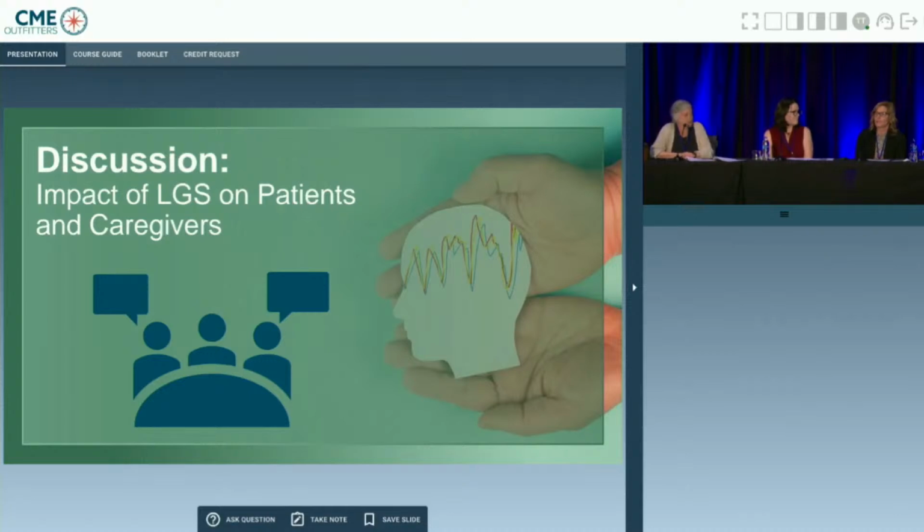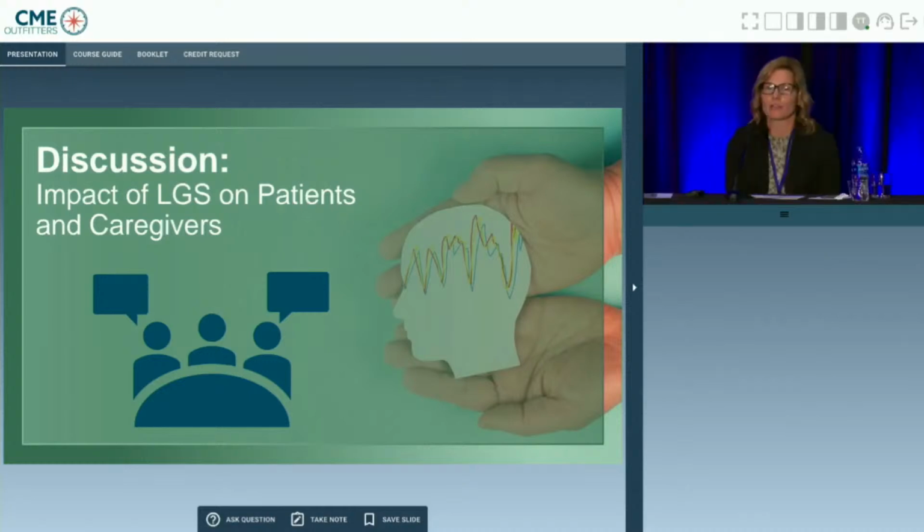I can speak a little bit to the nursing role. I think that Tracy did such an excellent job in highlighting all of the different specialties that they need to take care of a patient who has Lennox-Gastaut syndrome. And one of the things that really sticks out for me is nursing is such a unique role that they may play a part in any of those parts.